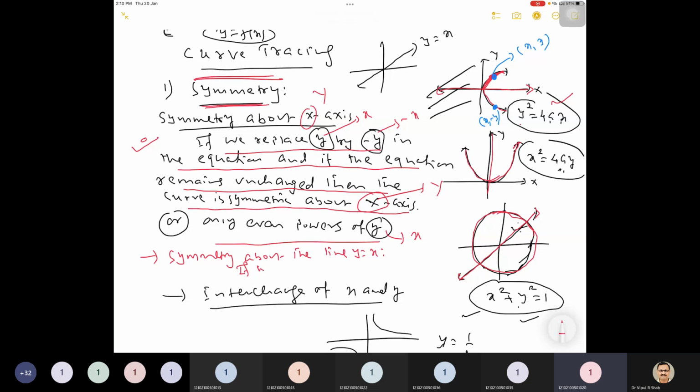Write down: if we interchange x and y, and if the equation remains the same, then you can say that the curve is symmetric about the line y equal to x.